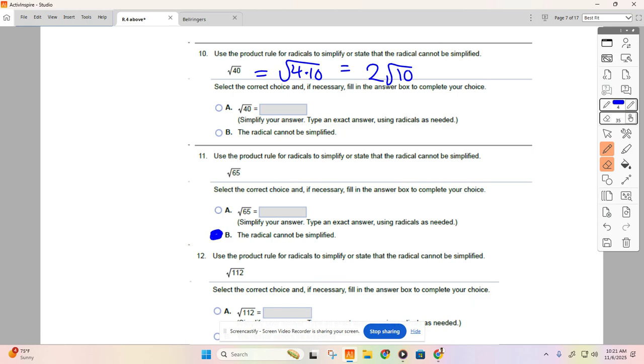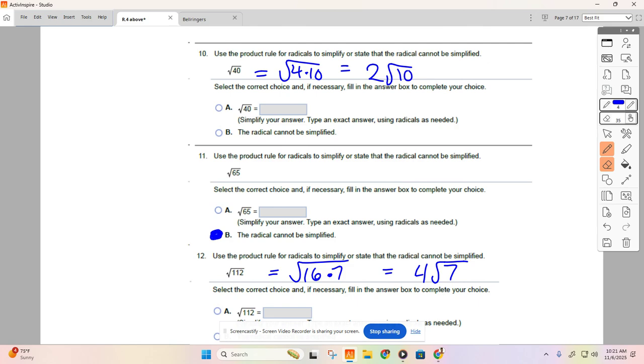Let me try 36. Does not go into it. 25 does not. What about 16? 16 times 7. So I'm going to separate this as 16 times 7. The square root of 16 is 4, and I still have under my radical the 7.